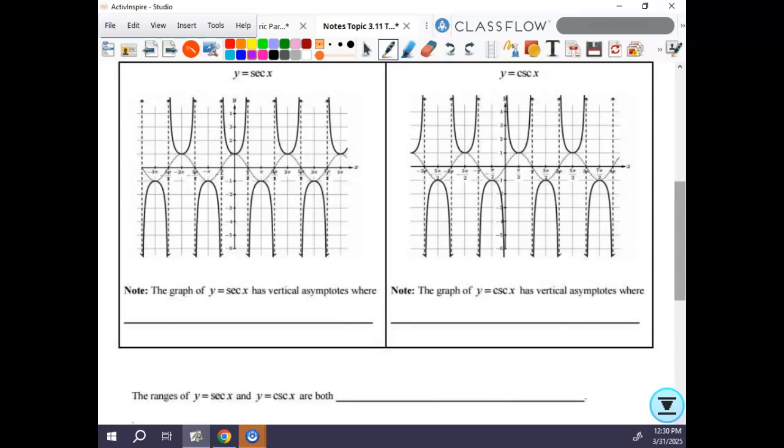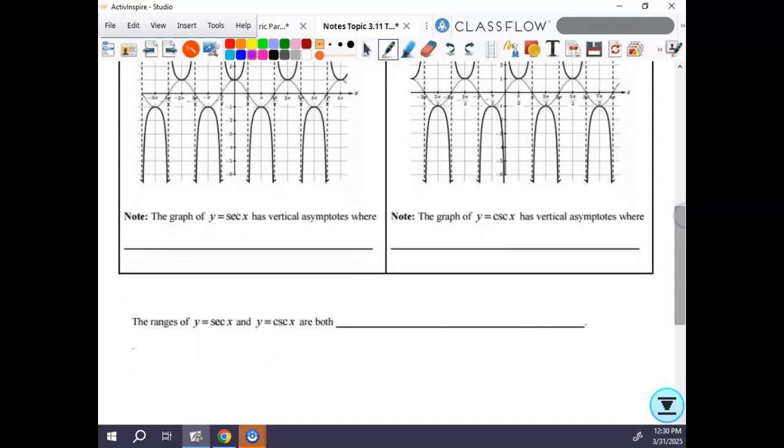But the graph of secant, what is secant the reciprocal of? Cosine. Okay, so the graph of secant has vertical asymptotes where cosine of x equals 0. So when is the first time on the unit circle that cosine equals 0? Pi halves, right? And that's what this is right here. We got a vertical asymptote at pi halves.